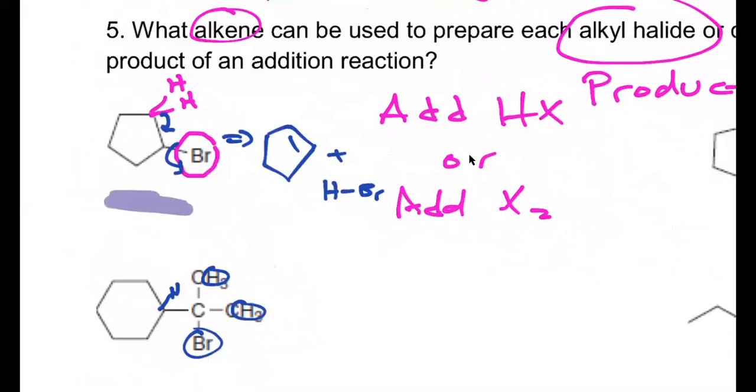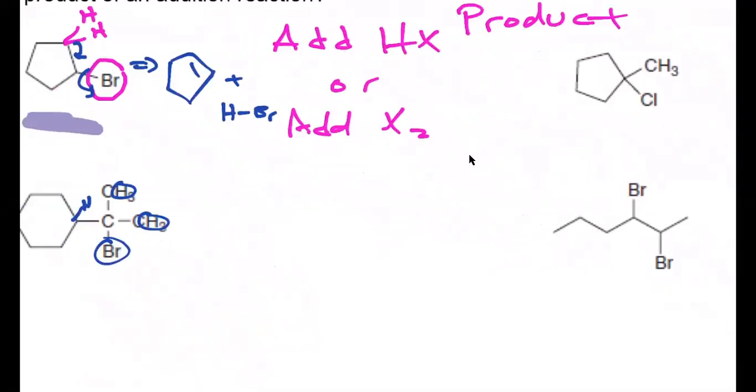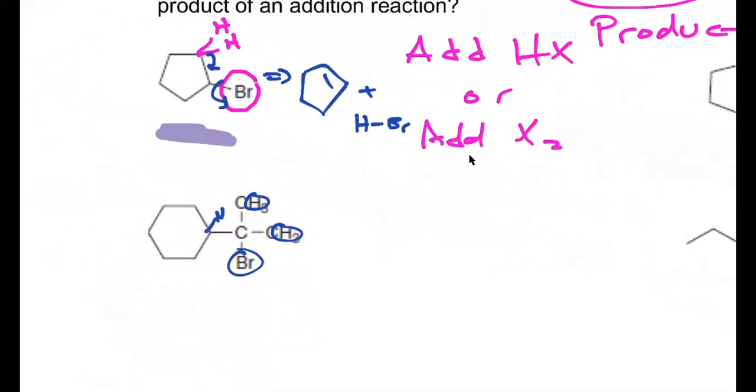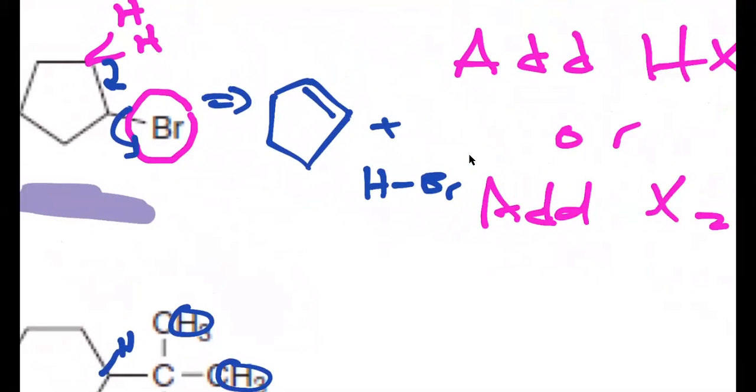All right. Wait, I have a question. Go ahead. How come you reacted the H and the Br together? Could you not have just left one H still on? Oh, it's still there.